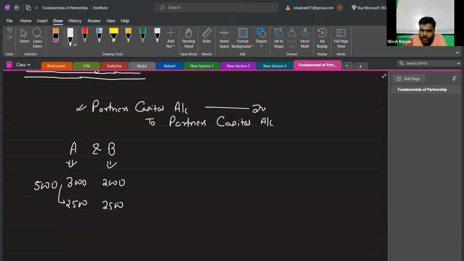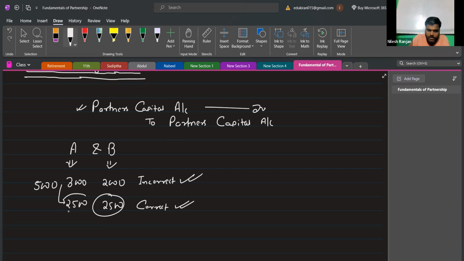Now can you tell me which partner has received excess amount? B. Okay, now tell me. The correct one is this.